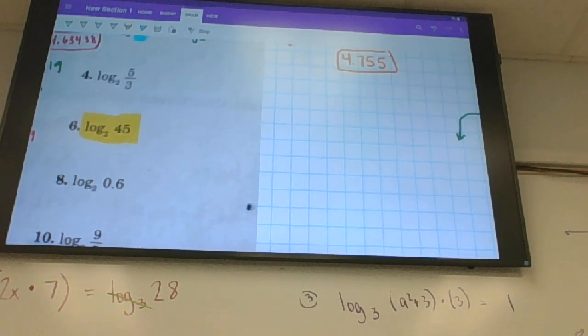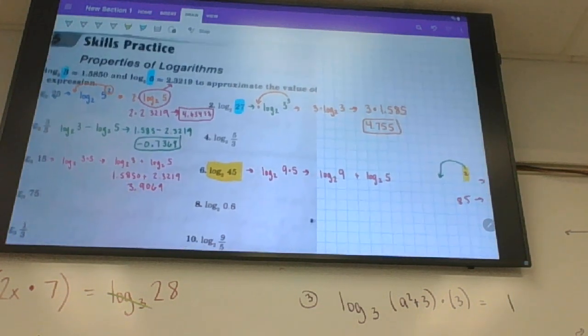So how can we write 45 in terms of 3 and 5? Well, when I think of 45, I think of 9 times 5. So I'm starting with 9 times 5. And so that gives me log base 2 of 9 plus log base 2 of 5. Now, I don't know 9.